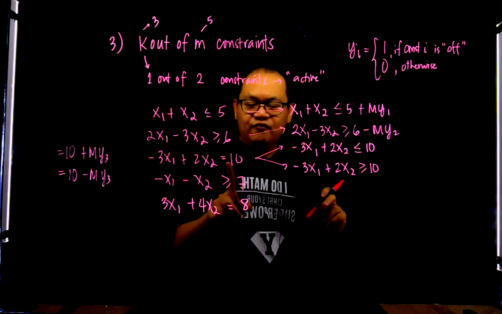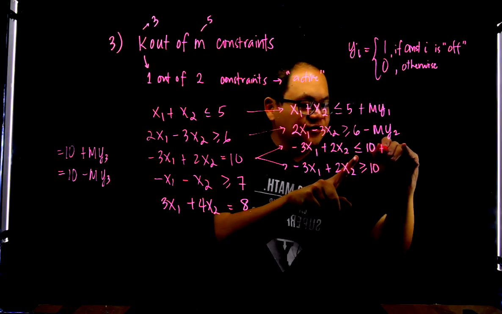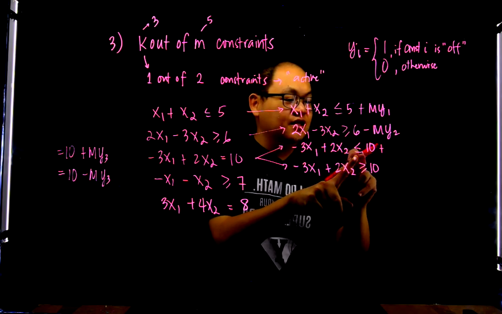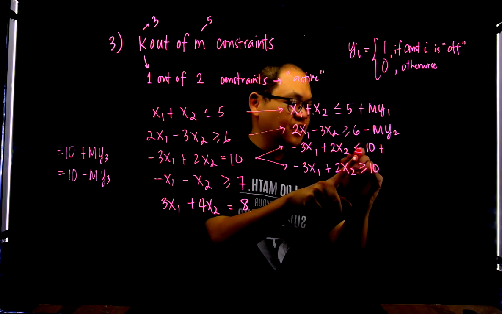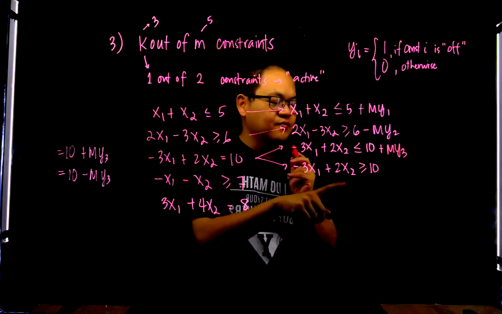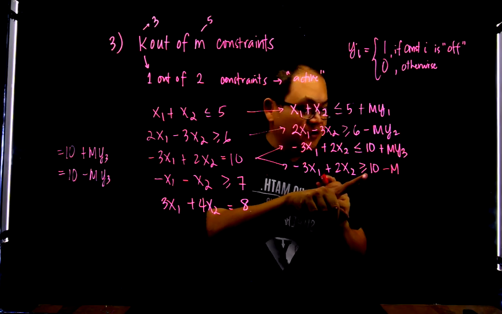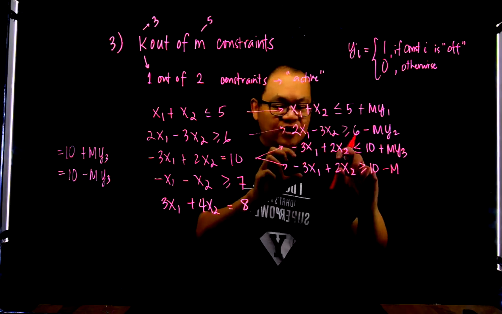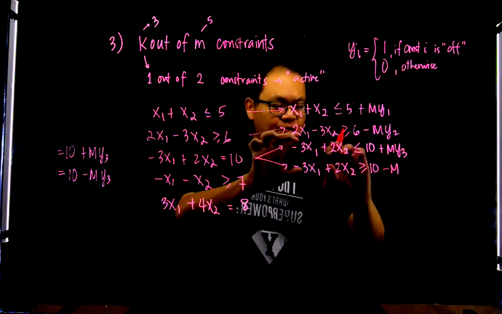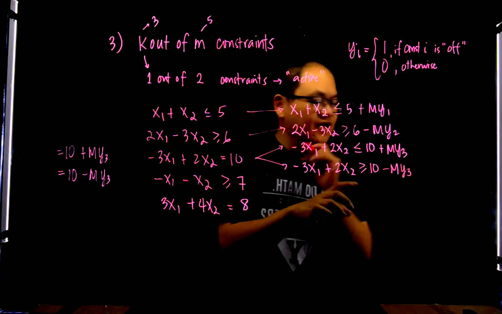And now that you've converted your equality to inequality, there is a way for us to turn off inequality constraints. So your less than or equal to 10, we can add M y3. Your greater than or equal to 10, we can subtract a very big number. But because we want to turn off both constraints at the same time, this also has to be y3.